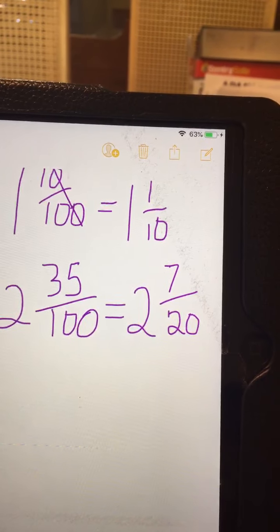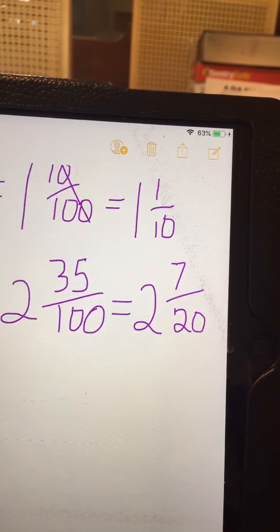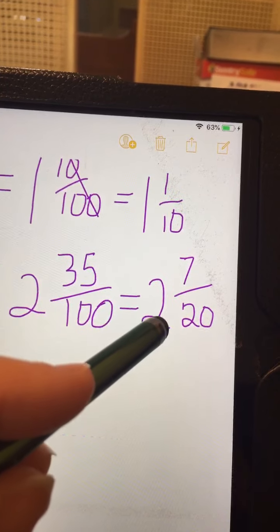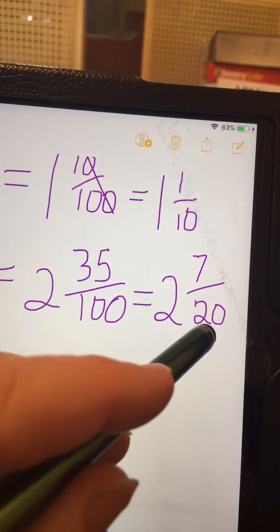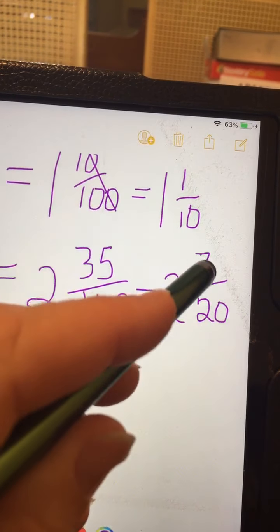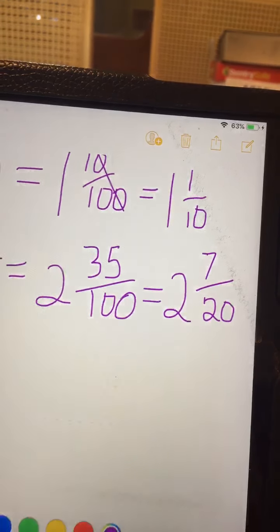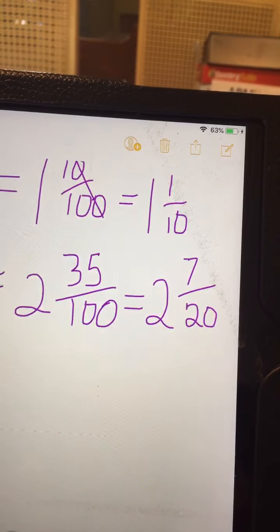So you would come up with 2 and 7/20. If you want to check your work and make sure you have it reduced correctly, you can check by saying 2 wholes times the denominator, 20, is 40, plus 7 is 47. Divide that by 20, and you come back up with that. Try it on your calculator.